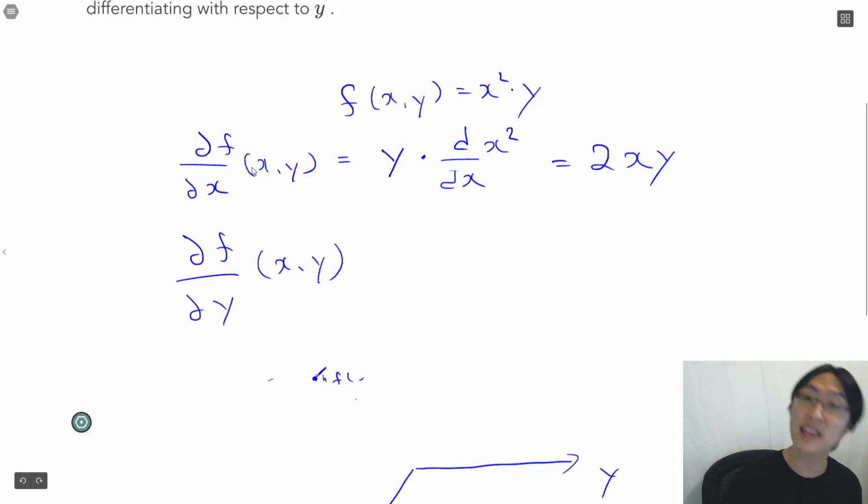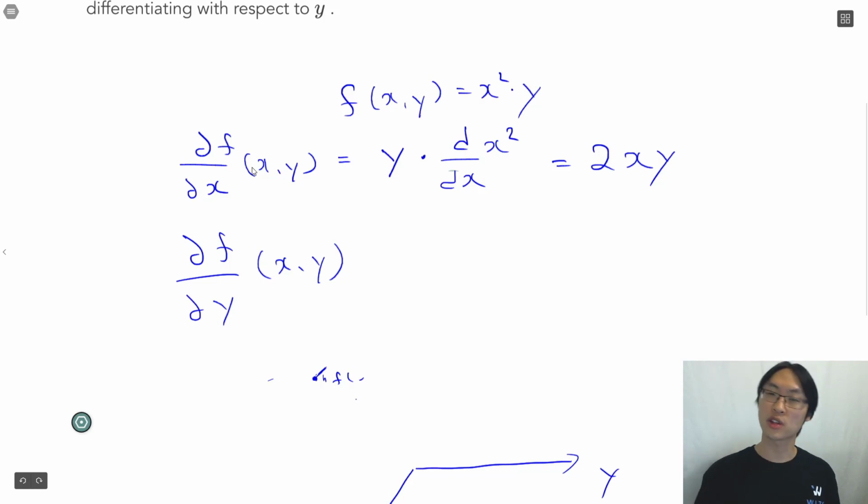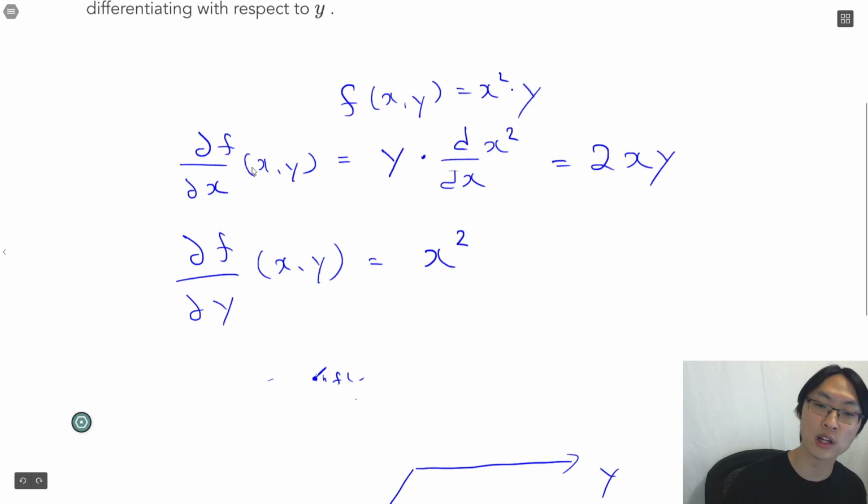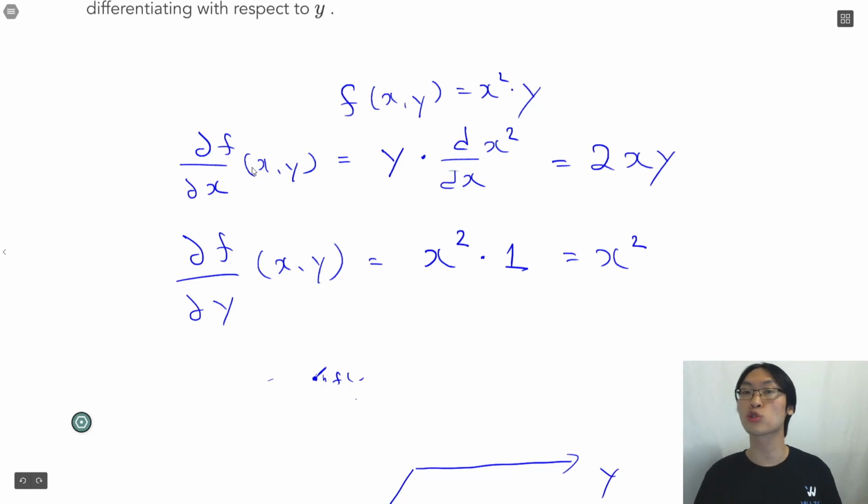I treat y as the variable, and x squared is going to be my constant. So this is y times some constant, and I'm differentiating this with respect to y. Since it's just y, we use the power rule normally, so our answer becomes x squared times 1, or just x squared. So the two partial derivatives of the function x squared times y are 2xy for the x partial and x squared for the y partial.